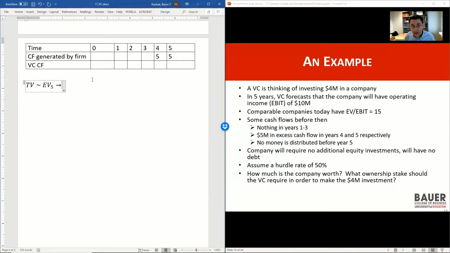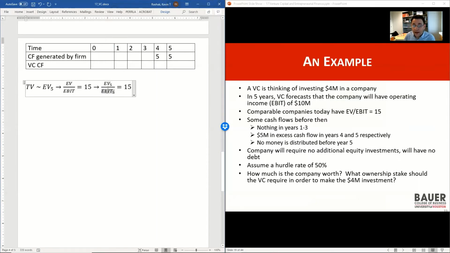We have the enterprise value over EBIT multiple of 15. That's in this 3rd bullet point. We also know the EBIT at time 5 for this company. So we're going to solve for the enterprise value at time 5. The enterprise value at time 5 divided by the EBIT at time 5 should be 15.